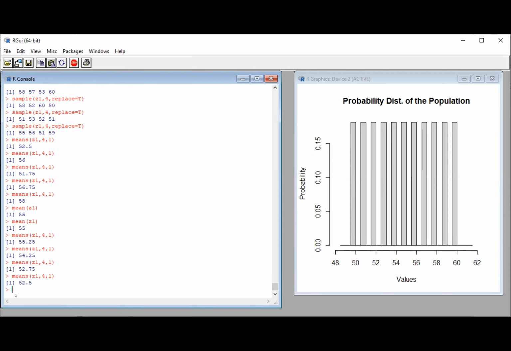So I can collect many of them. I want to make a probability distribution. So I'll collect about, let's say, 10,000 of them and then plot them. And I pick a sample size of 4. And when I pick 10,000 of them, I'm essentially plotting their probability distribution.